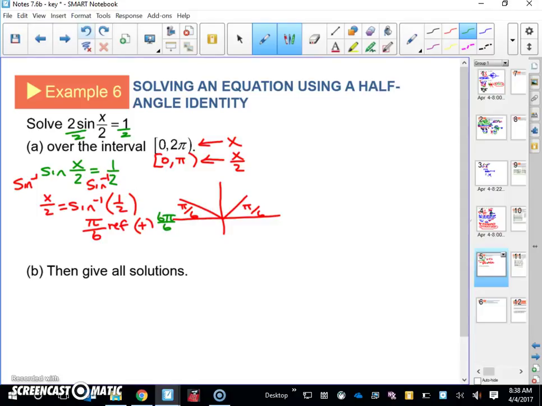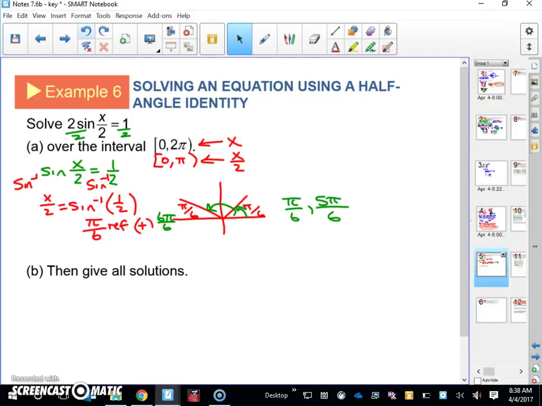And so the angle, pi over 6 before you get to 6 pi over 6 would be 5 pi over 6. It's the first quadrant, so first quadrant, this is what it is. So we have pi over 6 and 5 pi over 6.